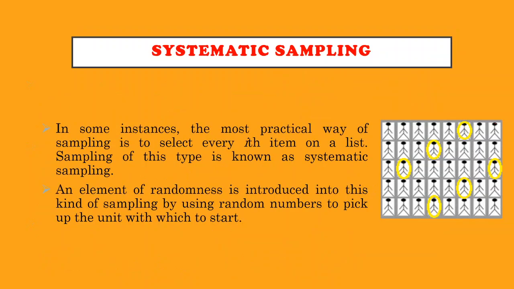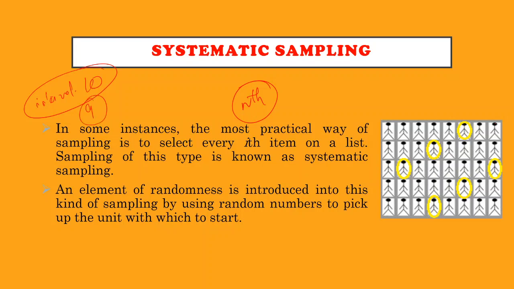The next one is systematic sampling. Systematic sampling is very simple. Every nth item is selected as a sample from the population. For example, suppose we have determined the interval will be 10, and the first item we have selected is 9.